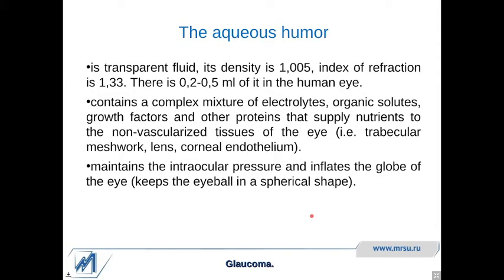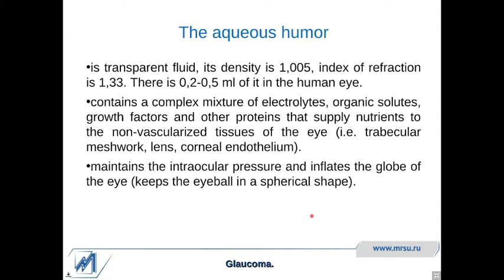The aqueous humor is a transparent fluid. Its density is 1.005, and there are nearby 0.2 to 0.5 milliliters in the human eye. It contains a complex mixture of electrolytes, organic solutes, growth factors, and other proteins that supply nutrients to the non-vascular tissues of the eye.